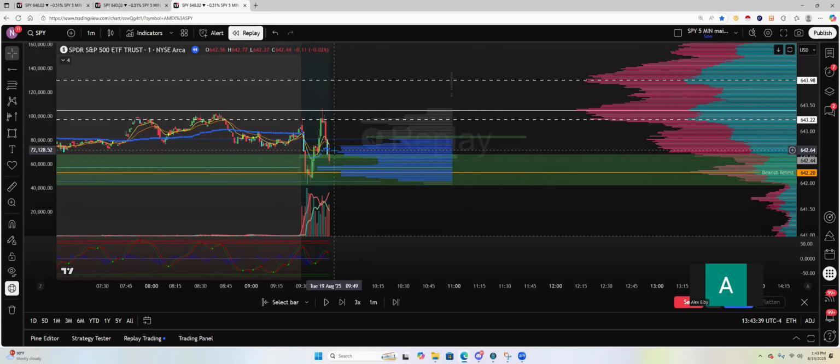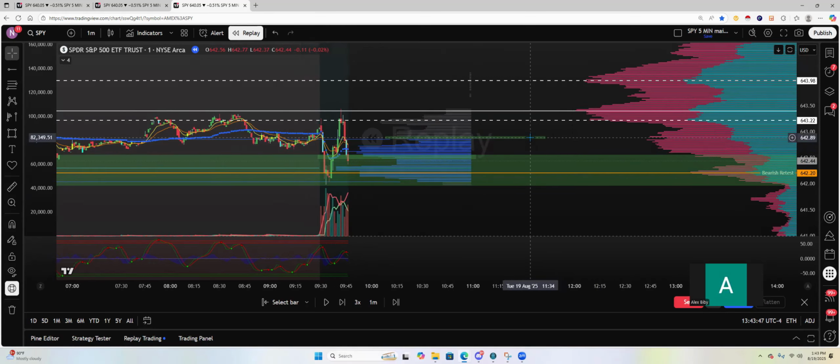Where would a reasonable stop loss be? All the way up here. Where could you reasonably go? Right here. So this is definitely not an ideal short. It's not an ideal long either, because it hasn't proven to me that there is significant support here. So I'm going to just sit on my hands right now and wait.